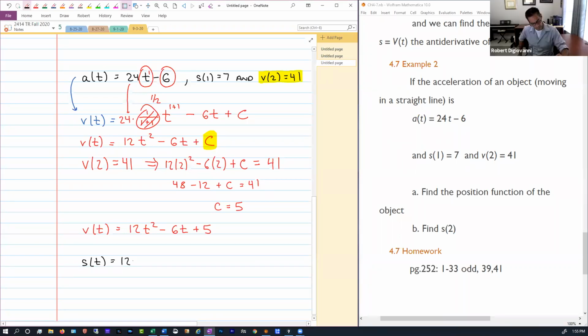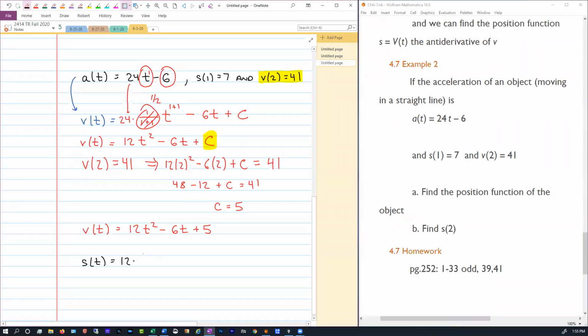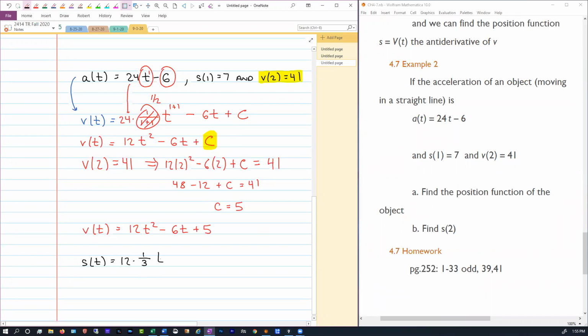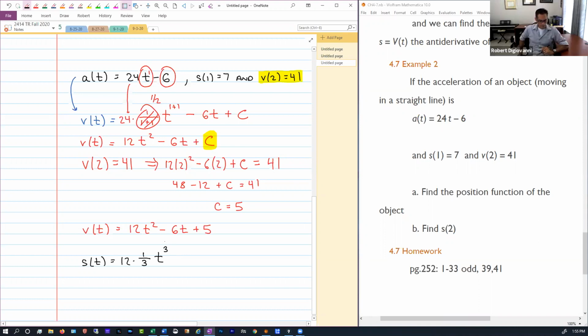The 12, t to the 1 over 2 plus 1, right? So 3, and then it's n plus 1 for the top, so t to the third. Good.